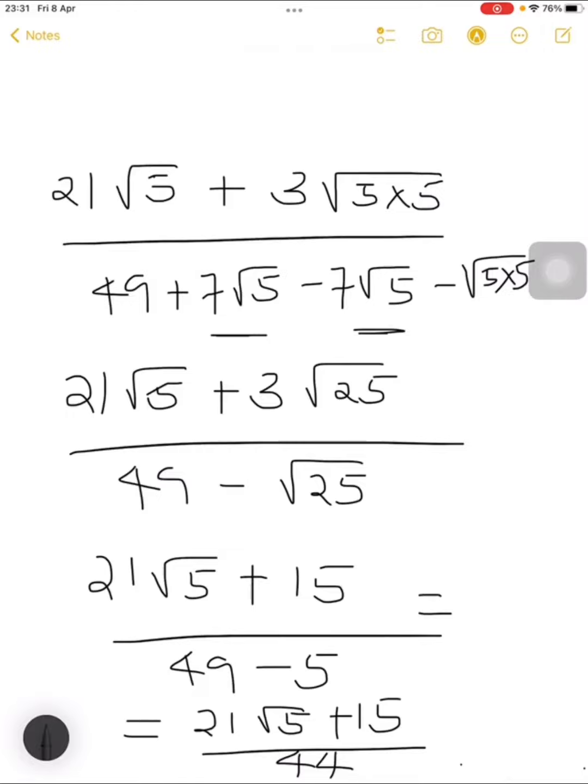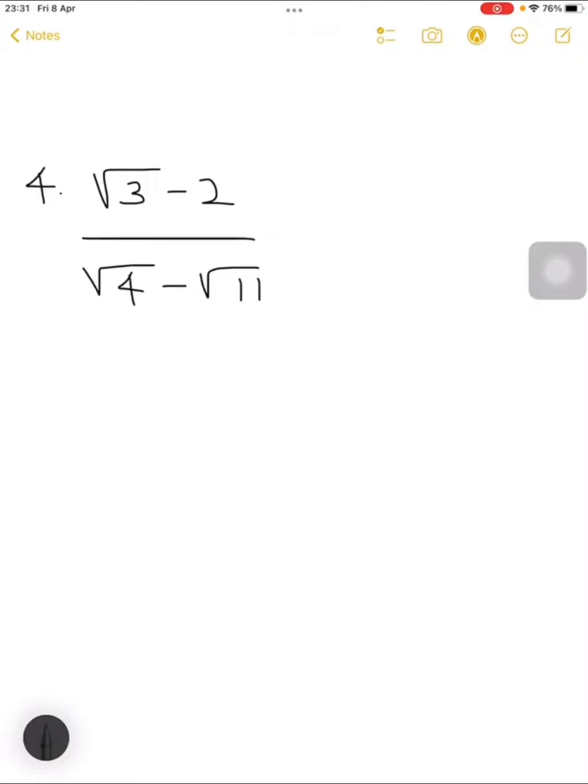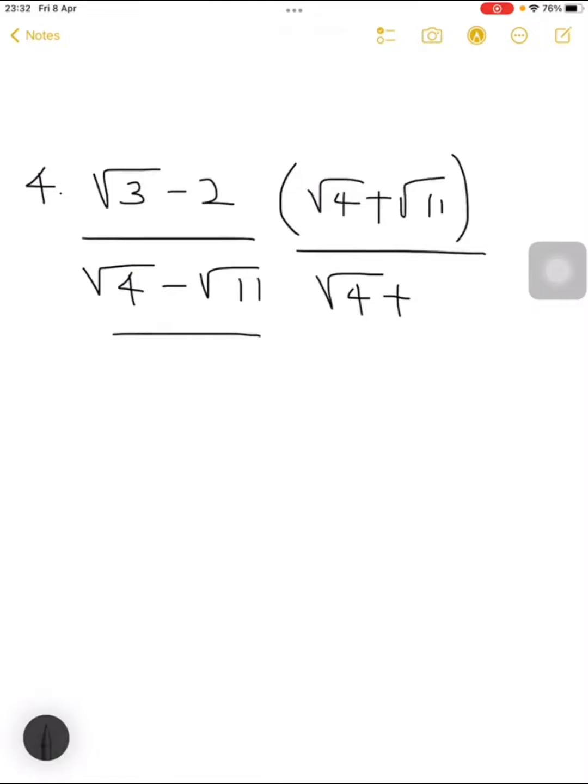Example number 4, we have root 3 minus 2 all over root 4 minus root 11, just the same way as we've done for example number 3. In the denominator we have two terms, so we have to find the conjugate of the denominator, which should be root 4 plus root 11 divided by root 4 plus root 11.